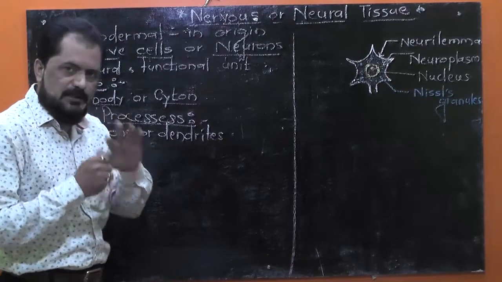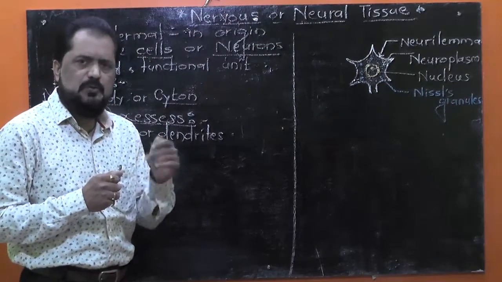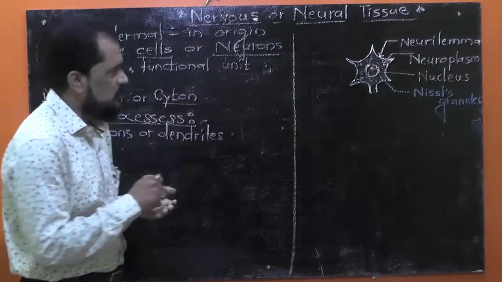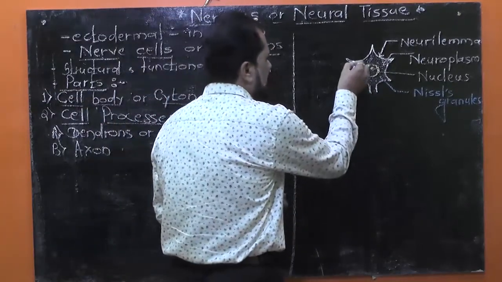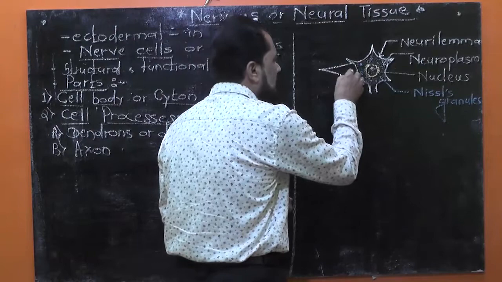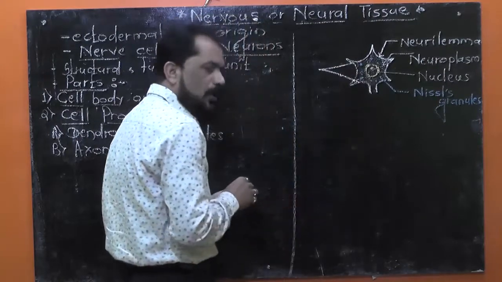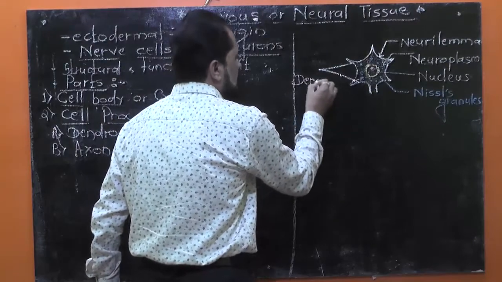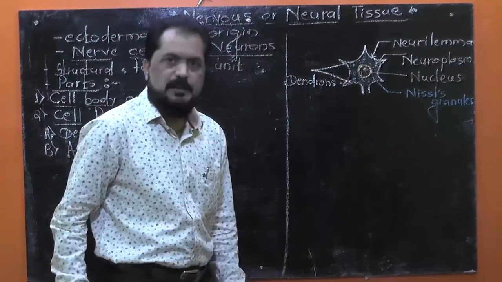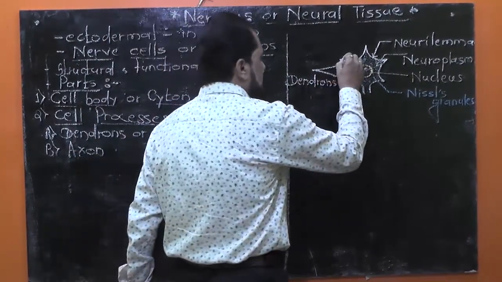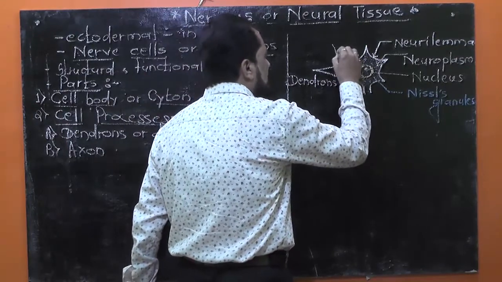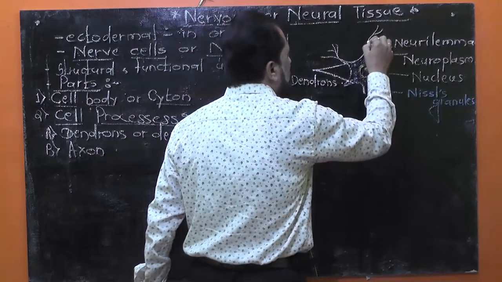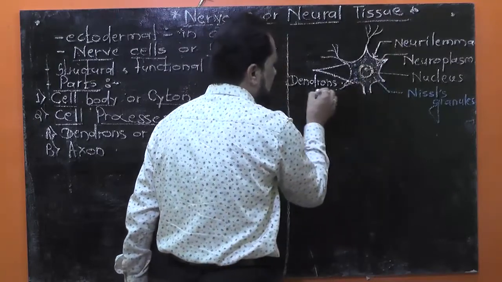Dendrons are nothing but numerous small conical projections. Let me show in the diagram. Here, these small conical projections of the cyton are known as dendrons. And these dendrons give off many fine branches known as dendrites.